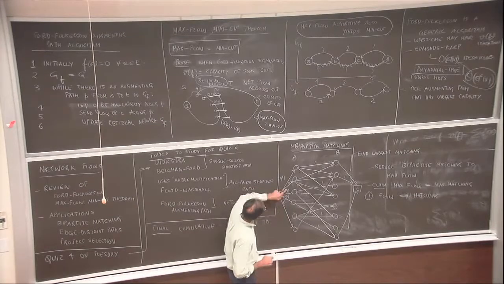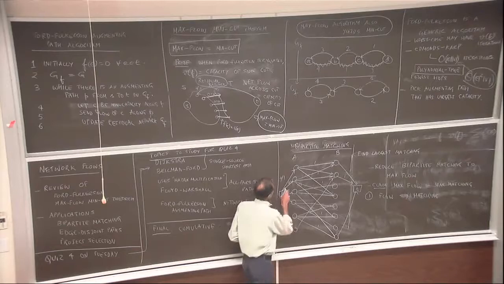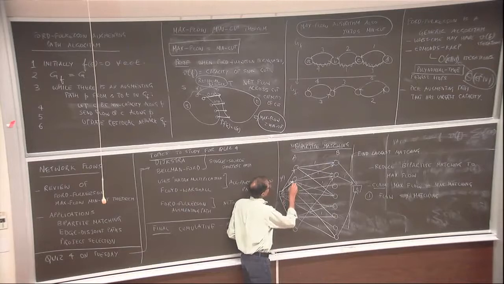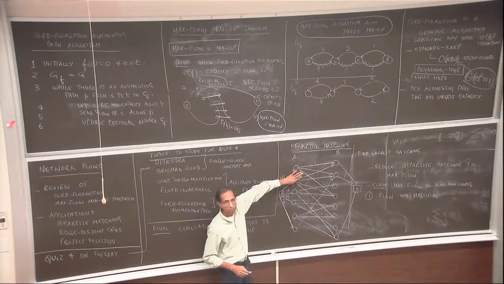Okay. So look at all the edges here that have a value of 1. Ignore the edges that have a value of 0. So this edge is the value of 1, this edge is the value of 1. So if this edge is the value of 1, by flow conservation, what happens? One of these edges should have value of 1, because 1 unit of flow is coming in, 1 unit has to go out.